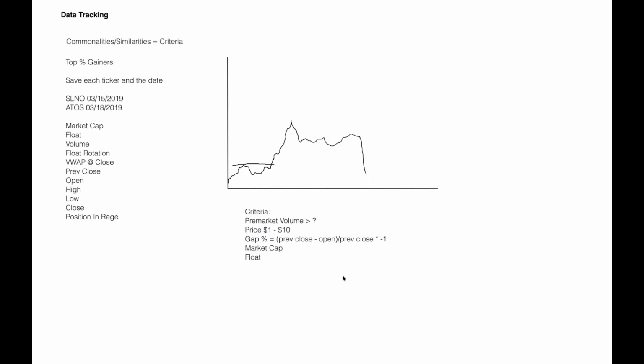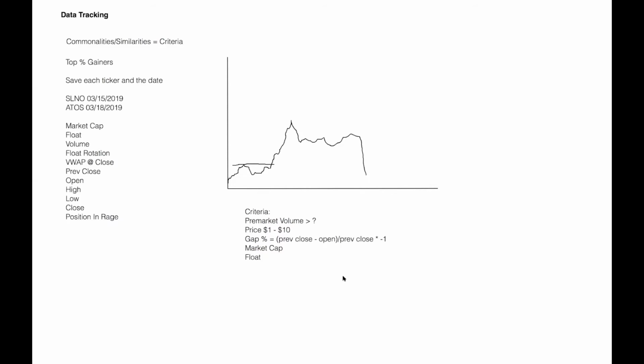Those gappers above 5% tend to do this. No, that is so broad. You cannot do that. Define criteria that gives you the pattern potential. Don't just trade everything. Don't run a scan and look at every ticker that's got volume and think that there's edge in trading something there.